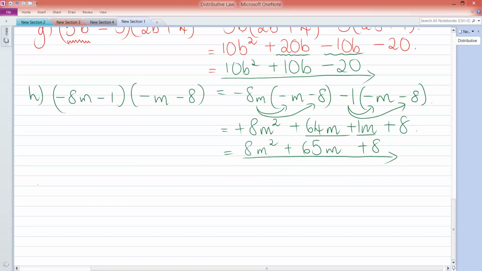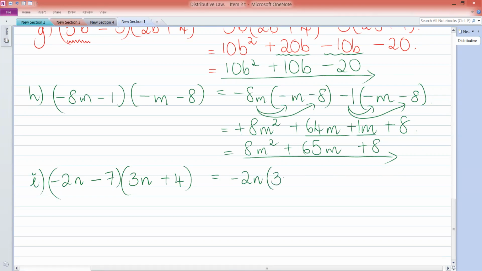Let's try another one. Negative 2n minus 7 into positive 3n and positive 4. Same principle. You take your negative 2n, we're multiplying into our second bracket, 3n plus 4.